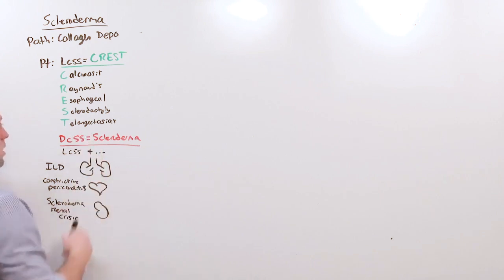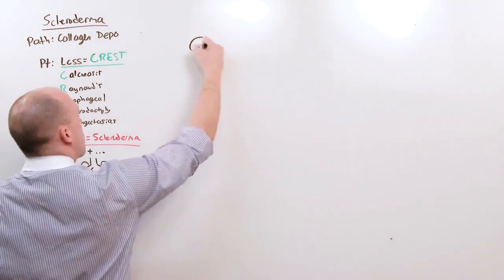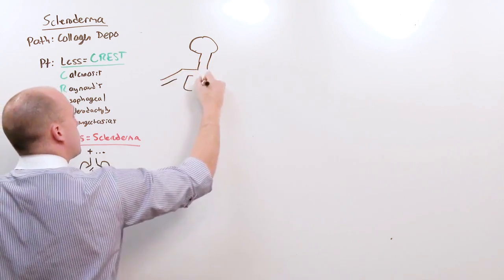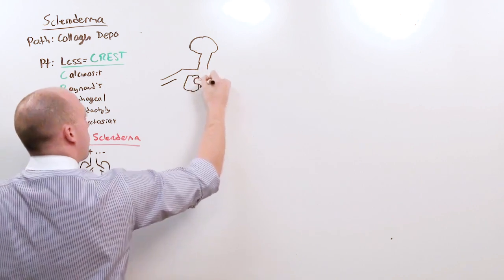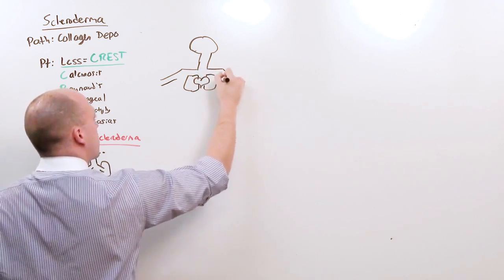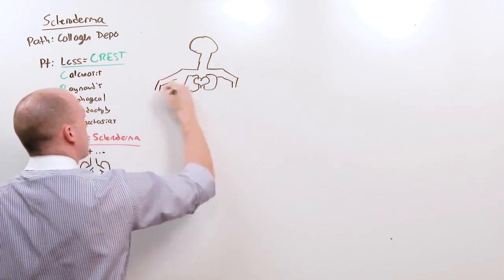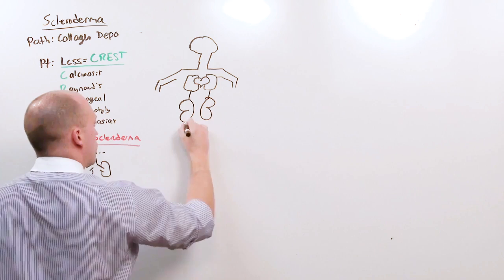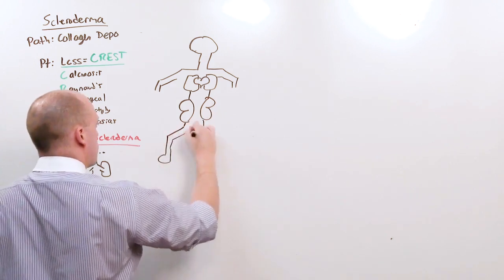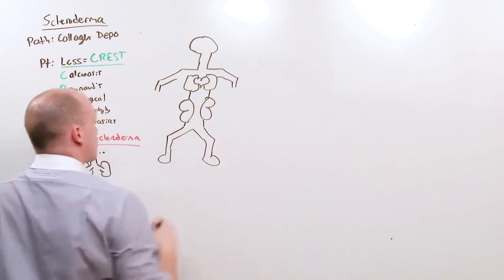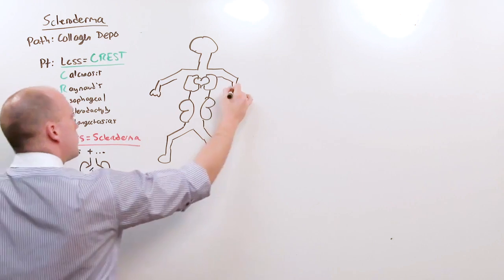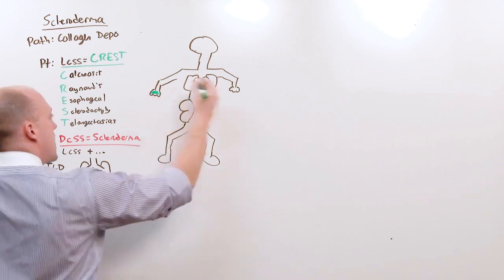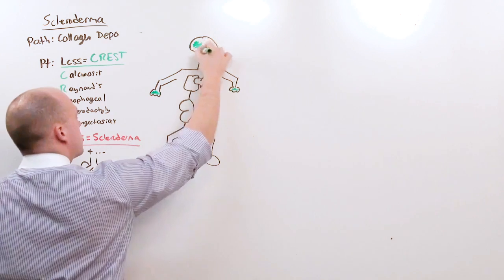Okay, let's do this again in pictographic form. I'm drawing with a really long neck on purpose. In the limited cutaneous form, the CREST syndrome, you're going to see the hands and the face get really tight.